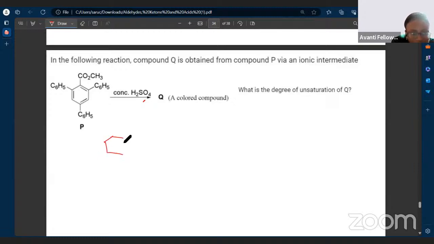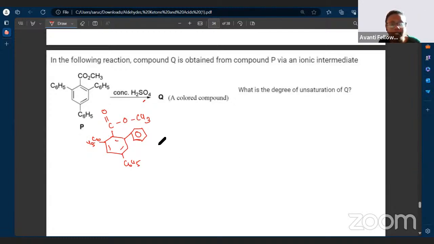Here you have C double bond O bond CH3, and here you have a phenyl ring, C6H5, C6H5.